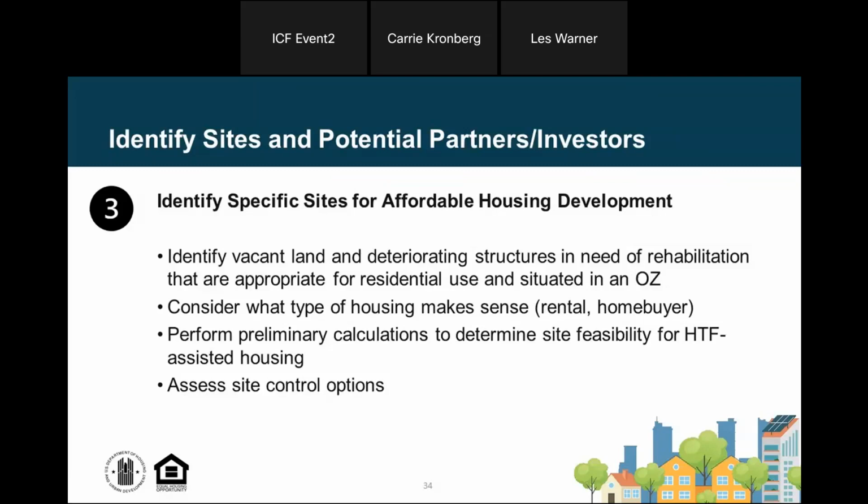Can you do some back of the napkin preliminary financial calculations that suggest that an HTF assisted project could be feasible on the site? And if a site isn't already publicly owned, is there a plan to obtain site control? Have you done a preliminary site control assessment to indicate that the site could be attainable for affordable housing development? Is there a willing seller if the site is privately owned?